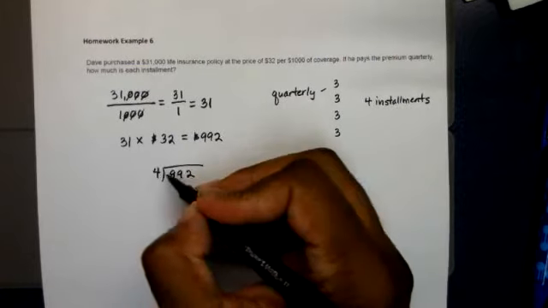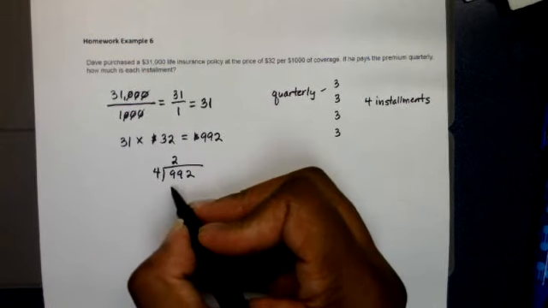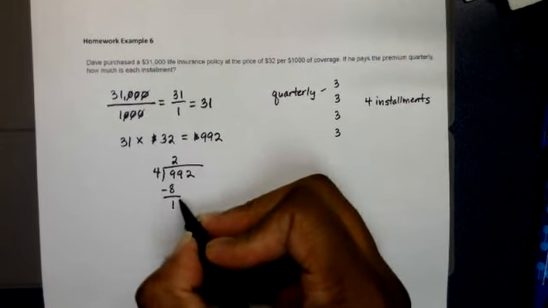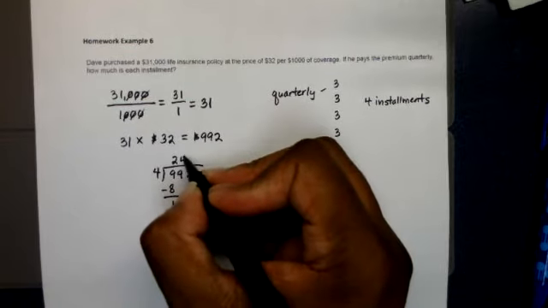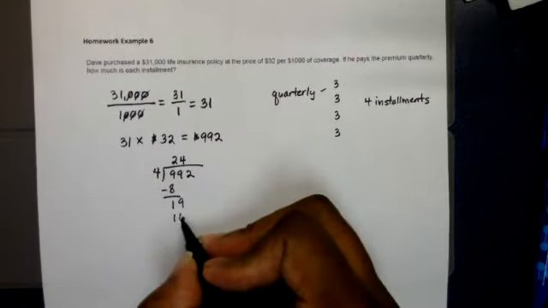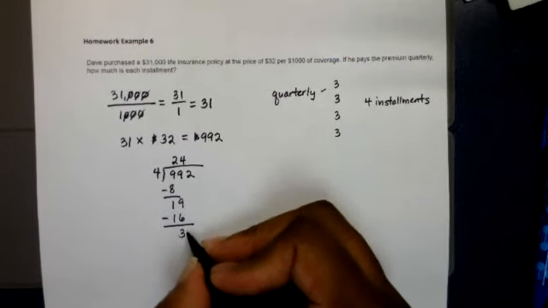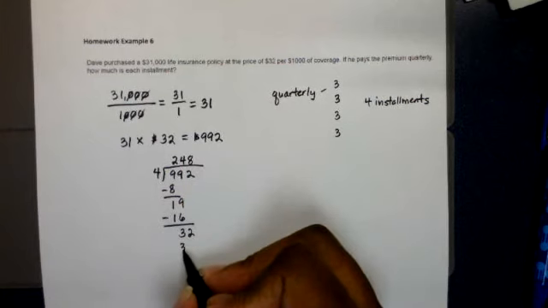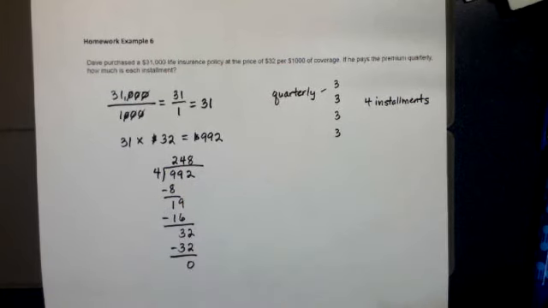In this case, if I divide 4 into 9, it goes 2 times. 2 times 4 will be 8. Subtract 8 from 9, that will be 1. Bring down the 9. 4 goes into 19 4 times. 4 times 4 will be 16. 16 from 19 will be 3. Bring down the 2. 4 goes into 32 8 times. 4 times 8 is 32. You have a 0 remainder.